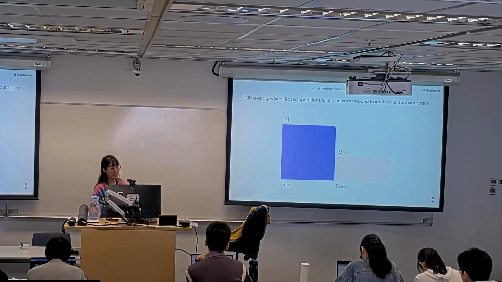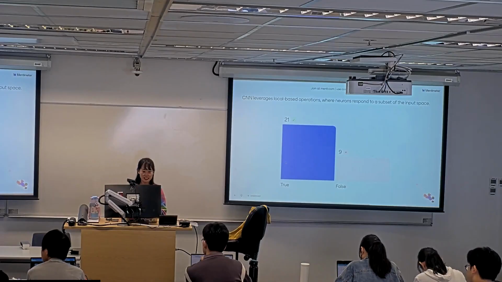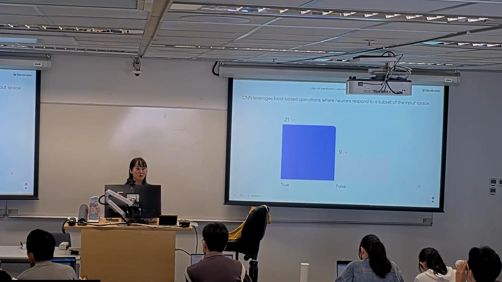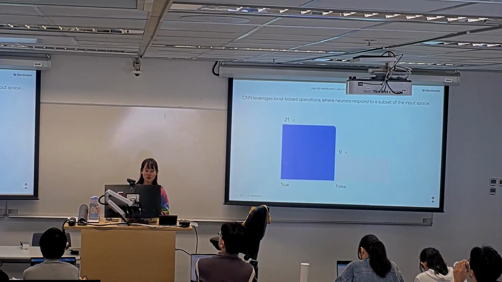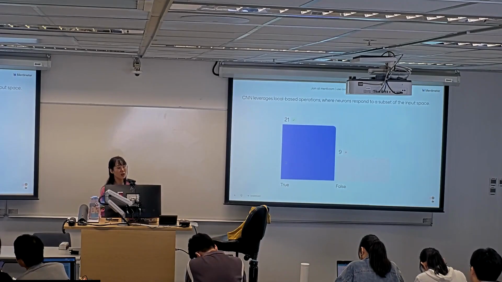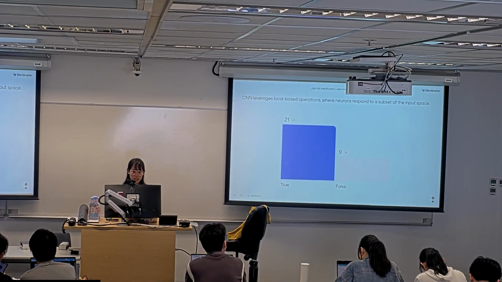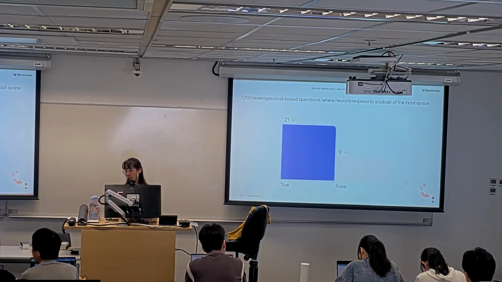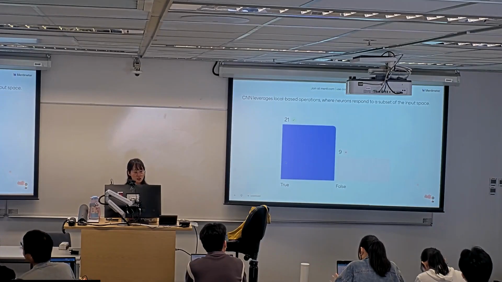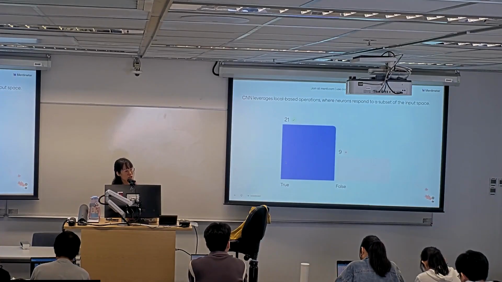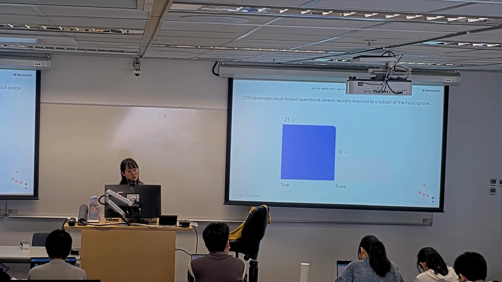All right, this is true. The first thing leverages image convolution. We know image convolution is a local-based operation. And now we know that the neurons are the kernels, right? Basically, the kernels are the neurons in a convolutional layer. So the neurons respond to a subset of the input space.